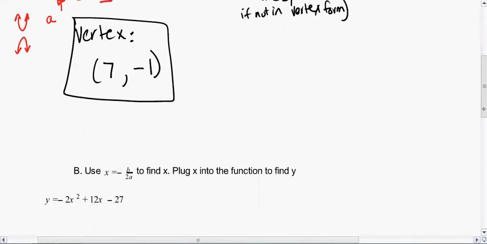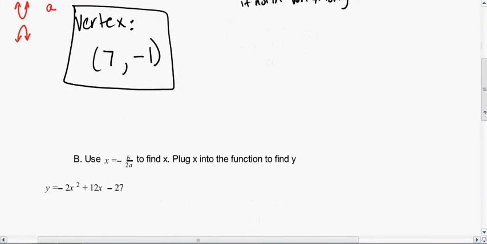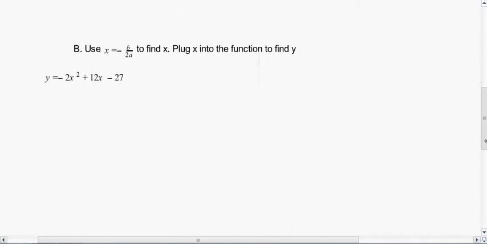If you aren't given an equation in vertex form, and you don't want to use completing the square to figure out what the vertex is, get it into vertex form and then read off the vertex, you can also use the axis of symmetry and a two-step process to figure out what the vertex is.